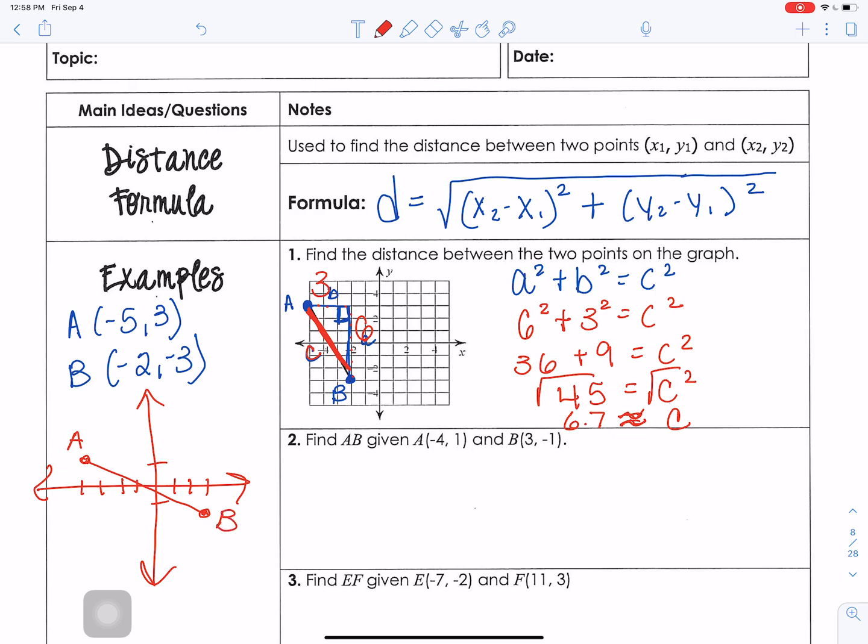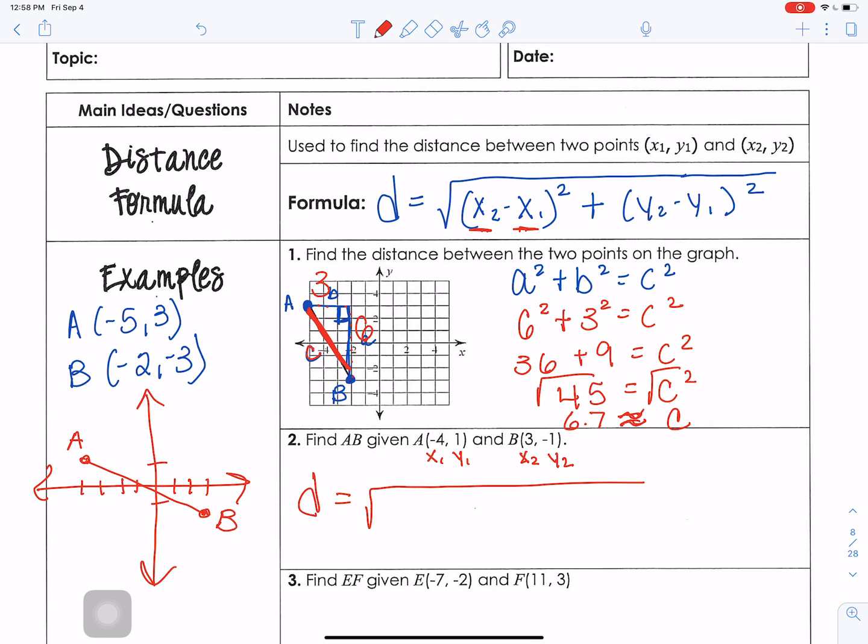So using the formula, we're going to assign each of these points an x1 or an x2. So for point A, -4 is x1, and 1 is y1. And then we've got x2 and y2. Now when we plug into our formula, it says x2 minus x1.